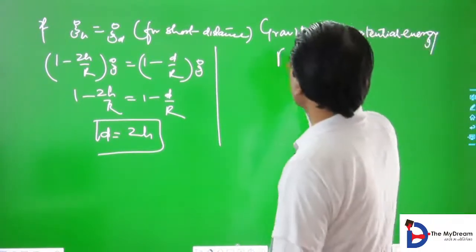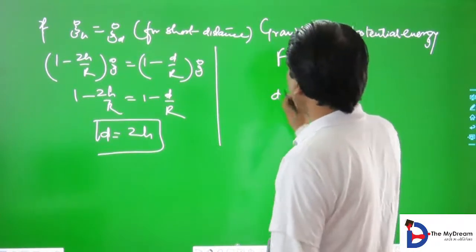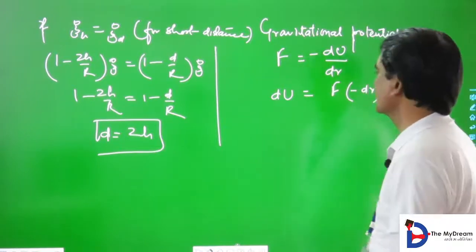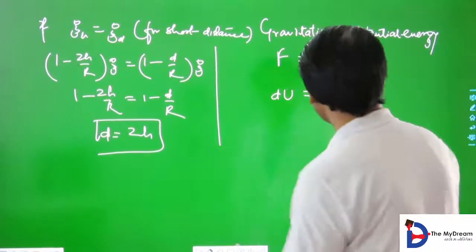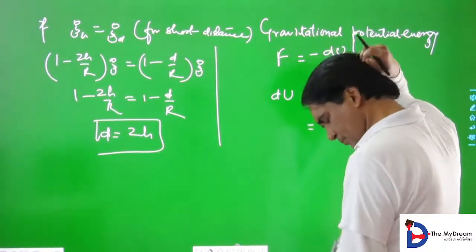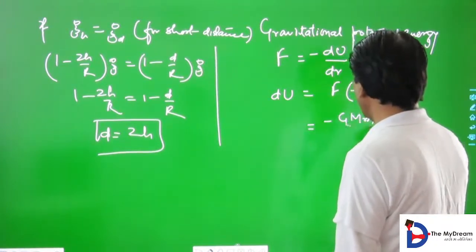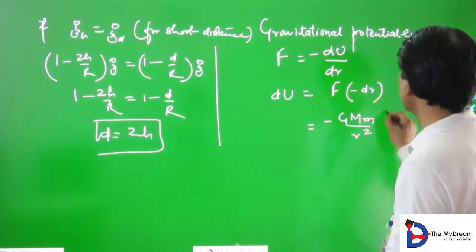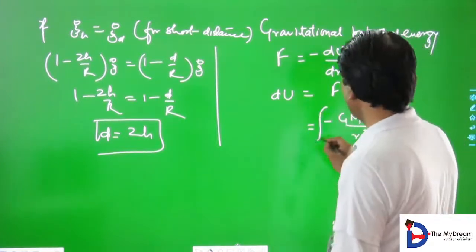So F is equal to, as you have studied, minus dU by dr. So delta W is equal to F dr. And gravitational force is given by G M m by r square. And you are taking the limit from infinity to r.